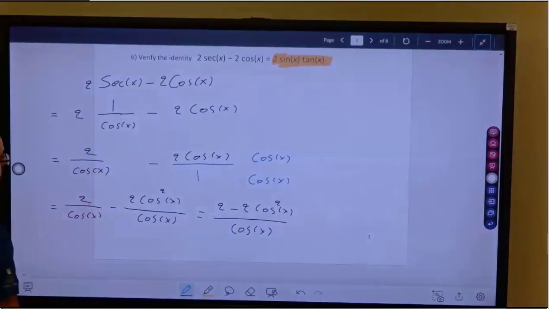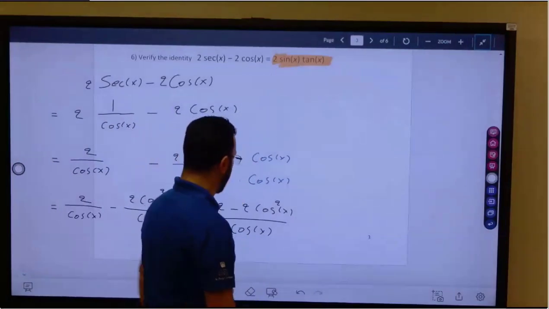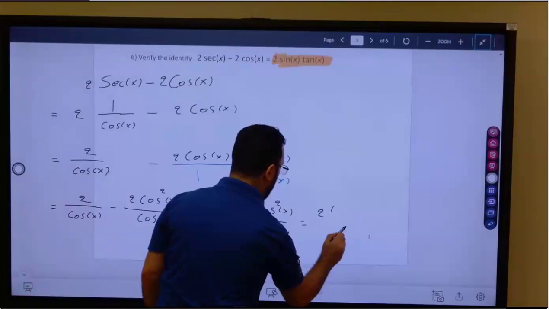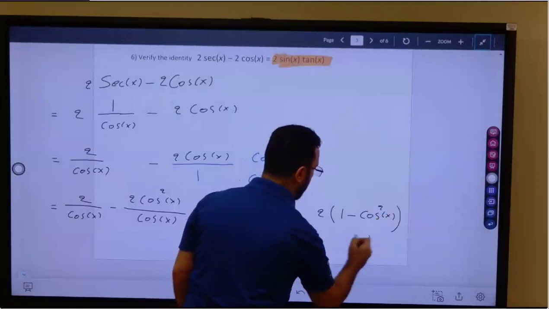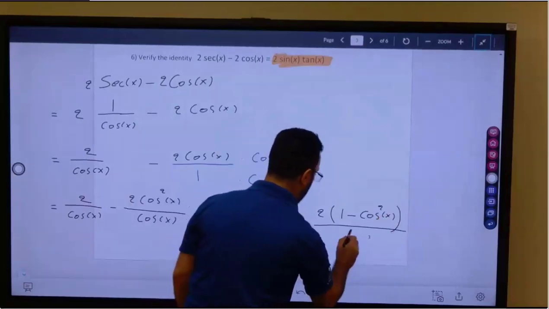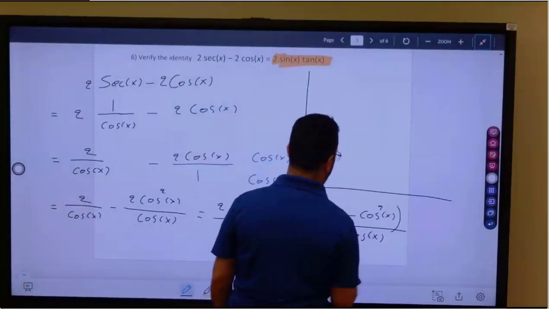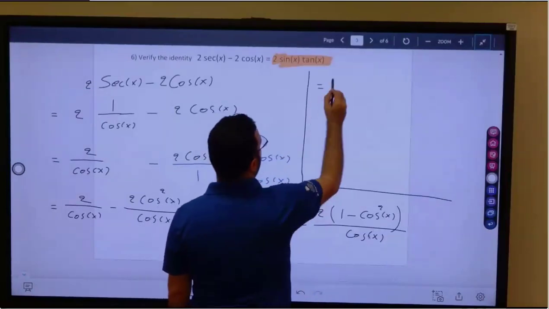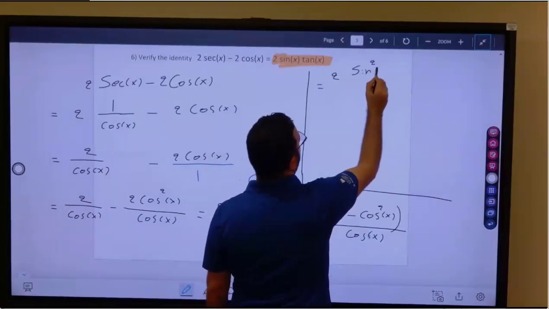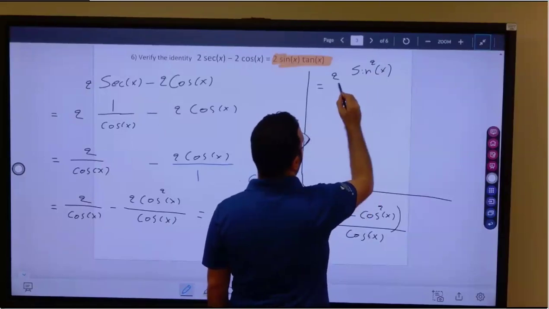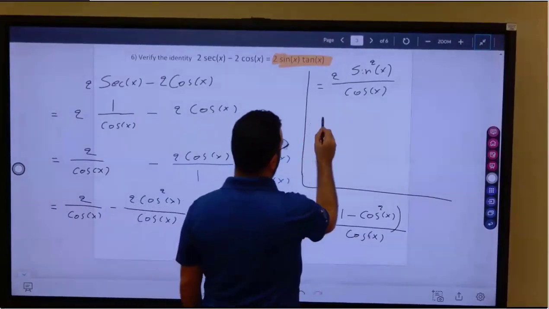I still have to keep going because I have only cosine, there's no sine and no tangent. If we factor out the 2 from the top, what's left is 1 minus cosine squared x, divided by cosine x. Here is the 2, and 1 minus cosine squared x is sine squared x over cosine x.